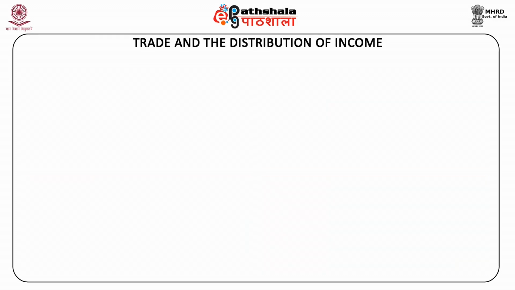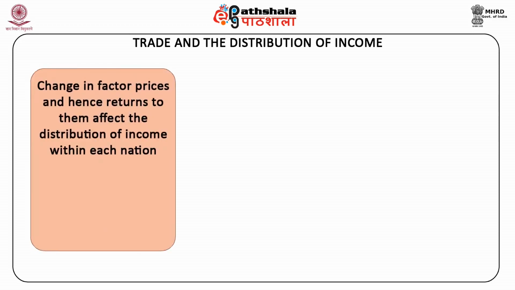Moving on, let us discuss trade and the distribution of income. In the previous section, we analyzed the effect of trade on factor prices. Now we will see how this change in factor prices, and hence returns to them, affects the distribution of income within each nation.